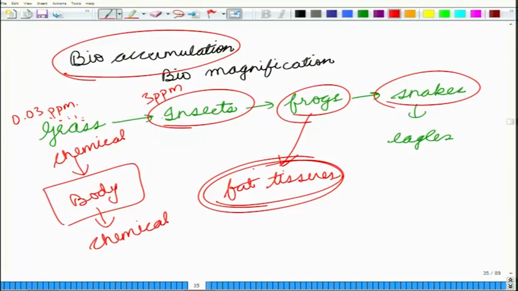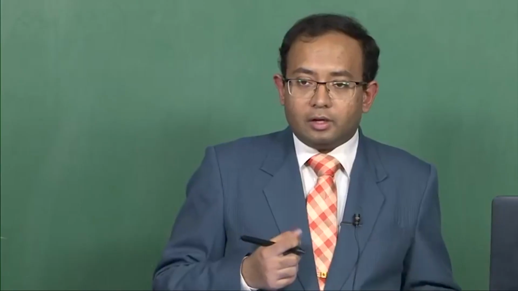Now, consider a frog eating a number of insects. Let us say this frog is eating 1000 insects. The body size of the frog is larger, so essentially these chemicals are getting diluted.